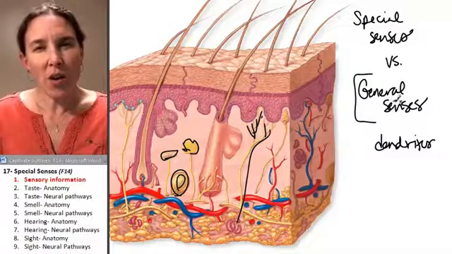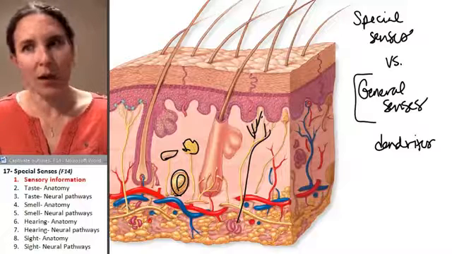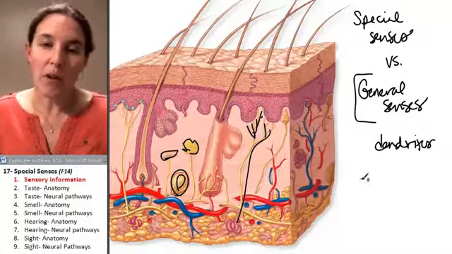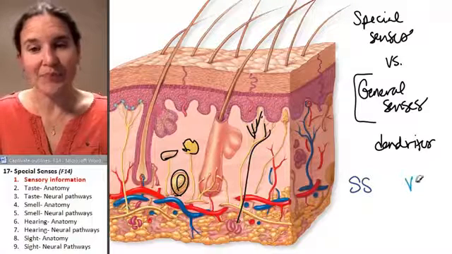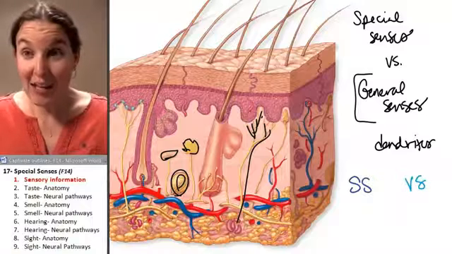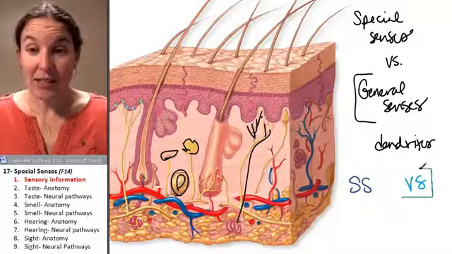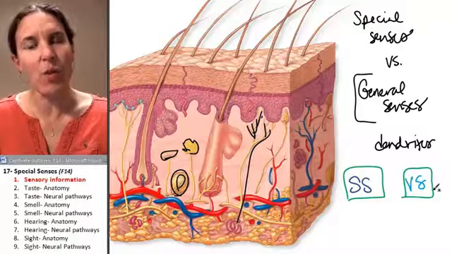So what are our two flavors that you already, hopefully, are very comfortable with? We have somatic sensory and visceral sensory. Here's the gig. You actually can categorize sensory fibers as either somatic sensory or visceral sensory.